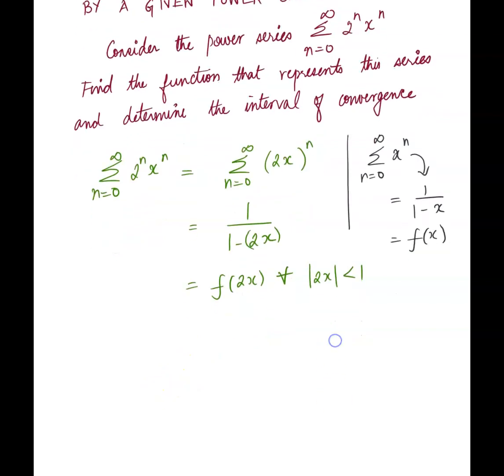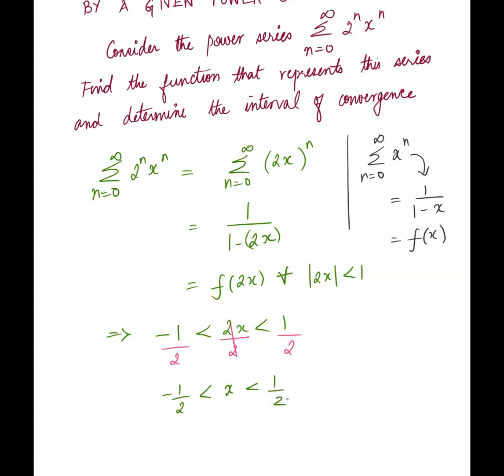We are going to expand it because we need to find the interval of convergence. So this implies your interval of convergence would be, first, to expand this absolute value. So 2x will lie between -1 and 1. Then go one more step and divide by 2 in each part. So your interval of convergence comes out to be -1/2 less than x less than 1/2.